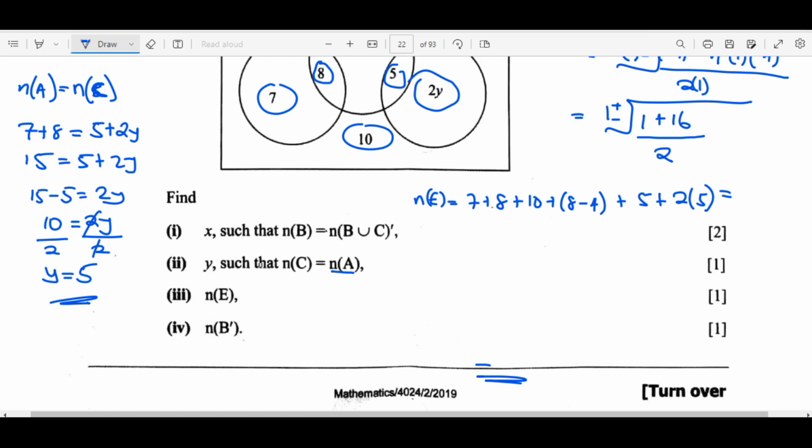So the answer will give us 44. So we have 44, that is the answer there.